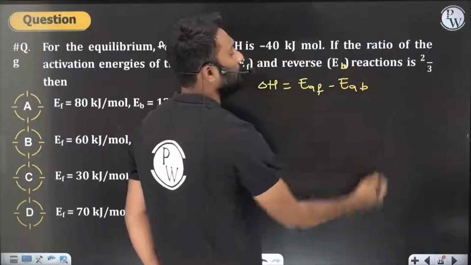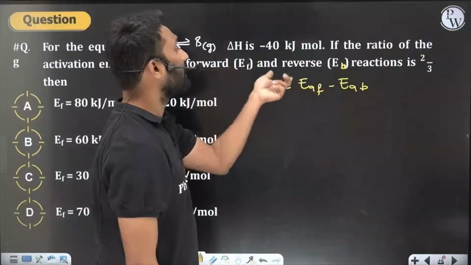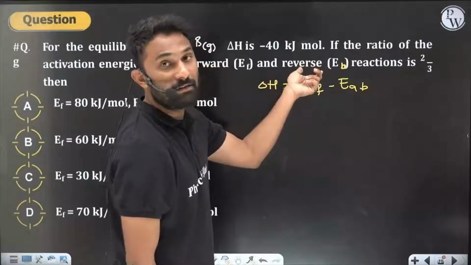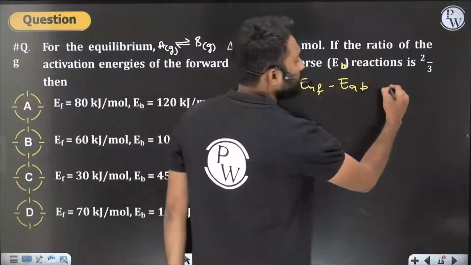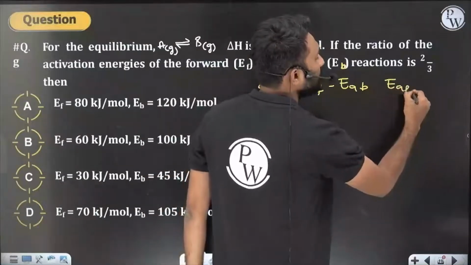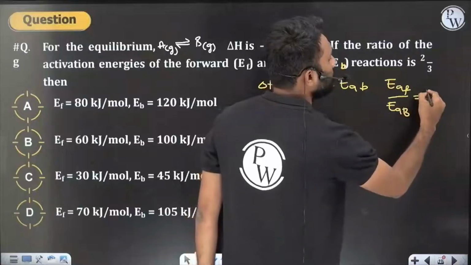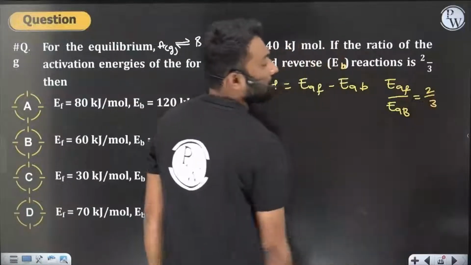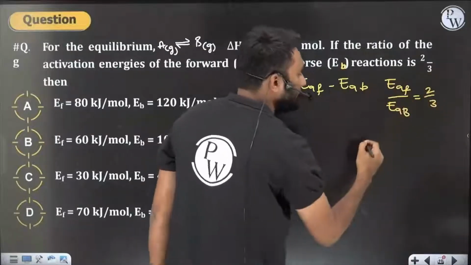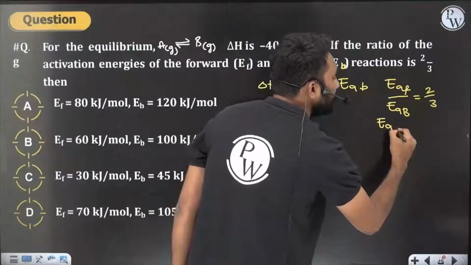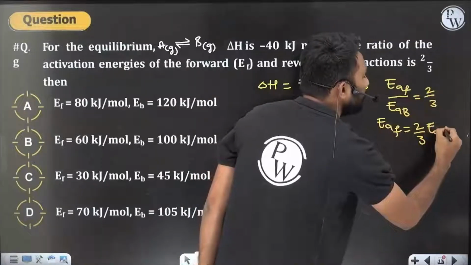But here what did they give? The ratio of forward reaction and the reverse reaction, that is backward reaction, is 2/3. Now, ratio of activation energy of forward by activation energy of backward is equal to 2/3. Now from here, if you take activation energy of the backward to the right hand side, activation energy of forward is equal to 2/3 activation energy of the backward.